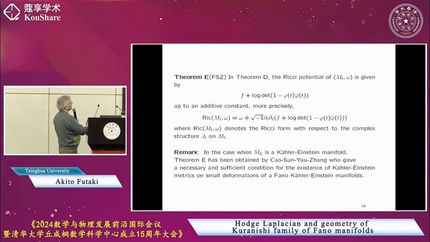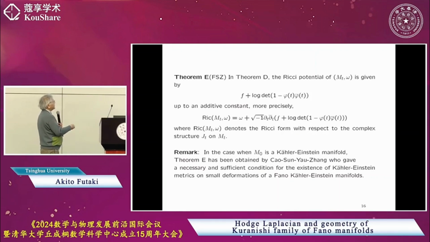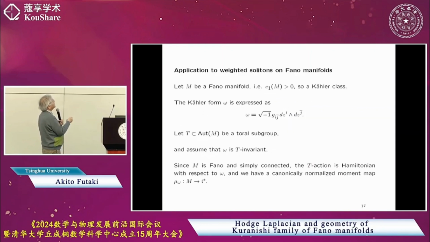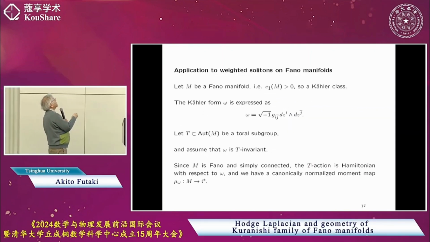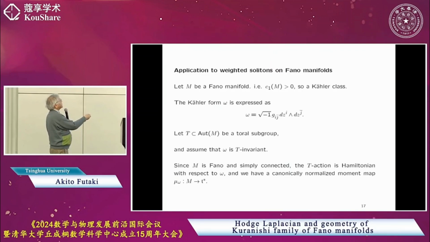So now I turn to weighted solitons on Fano manifolds. So M is a Fano manifold, with first Chern class positive, so we consider a Kähler class.